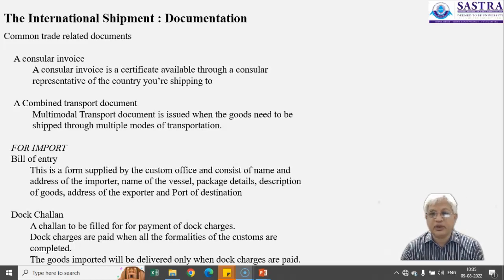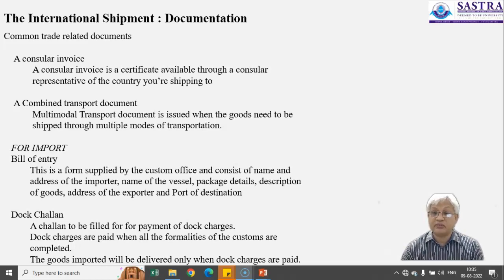Well, this happens when, to reach the goods to the final destination, the supplier and the buyer have to discuss and arrive at how many different modes of transport the goods might have to be sent through. So, well, first leg will be the sea shipment.